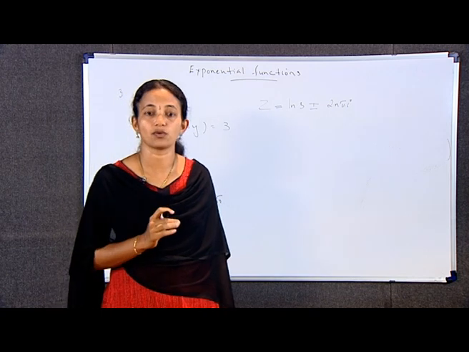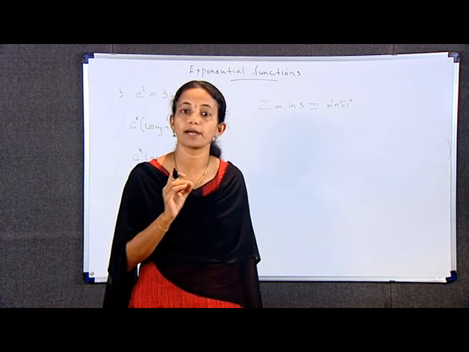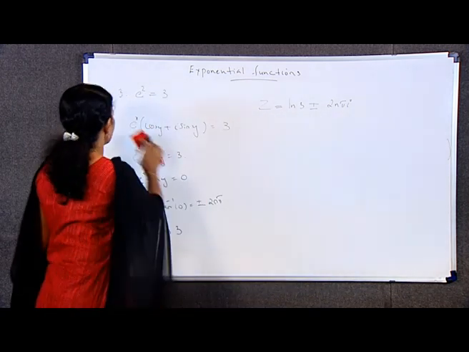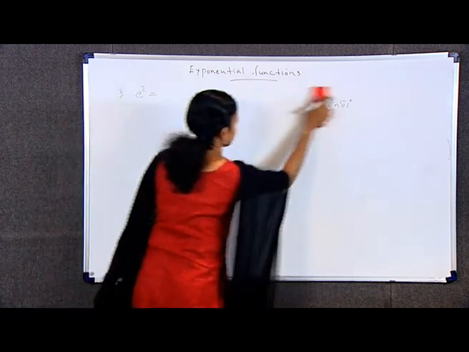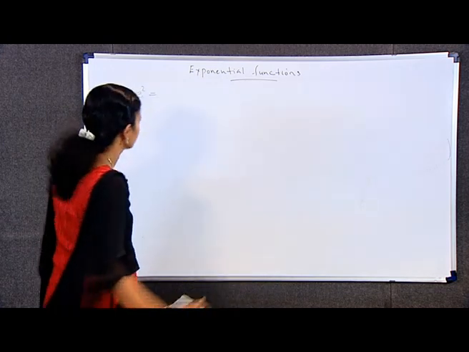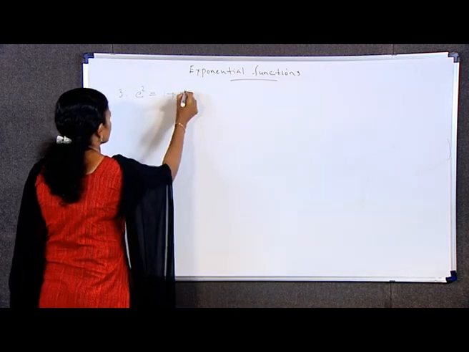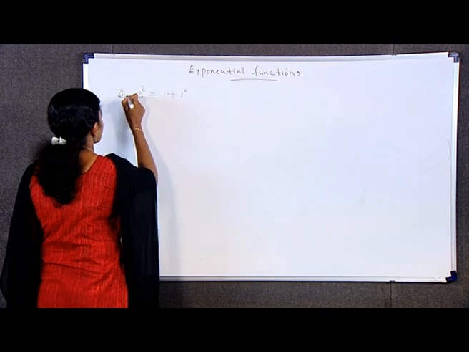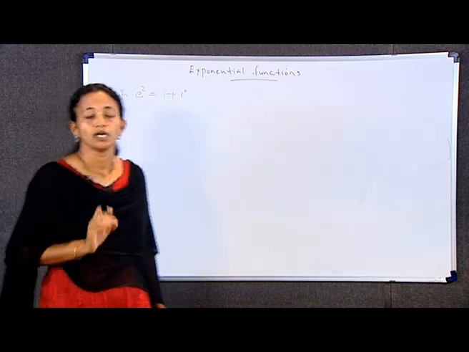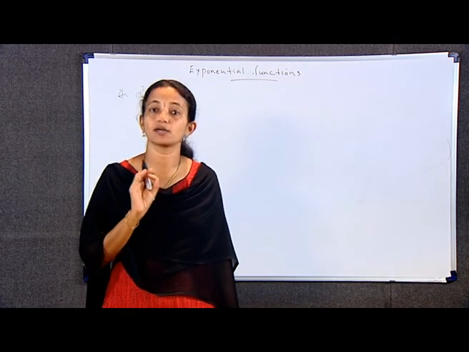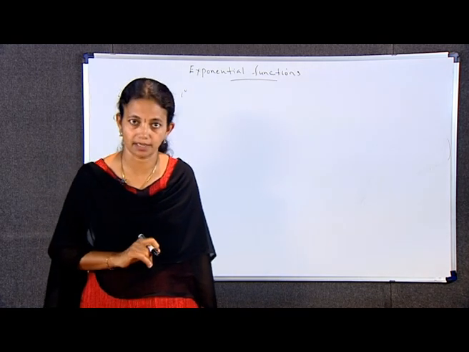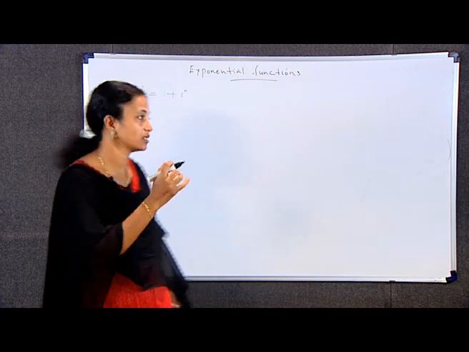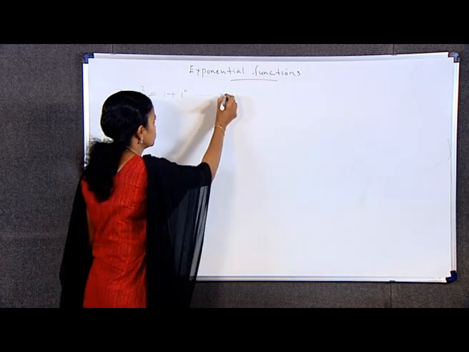Next we have to solve e raised to z is equal to 1 plus i. e raised to z is equal to 1 plus i. In order to find the numbers z is equal to x plus iy such that e raised to z is equal to 1 plus i, we write the equation, we mark it as equation number 2.